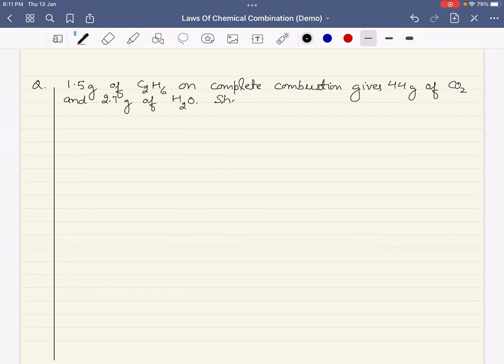Show that the reaction obeys the law of conservation of mass.